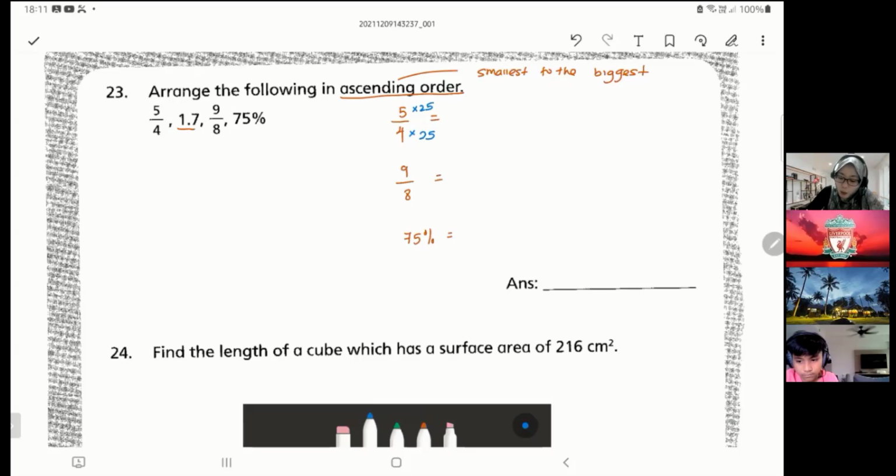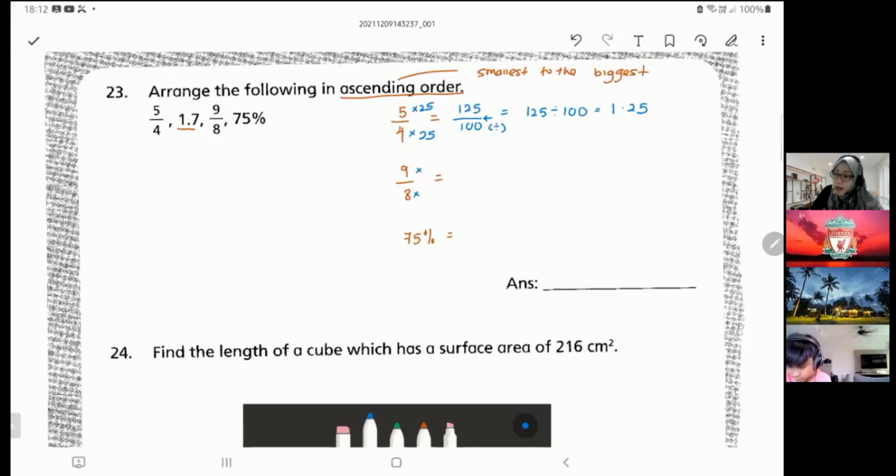So this is 125 over 100. This line means divide, correct? So it's 125 divided by 100 equals 1.25. Okay, decimal already.